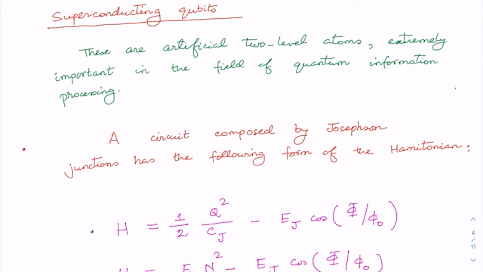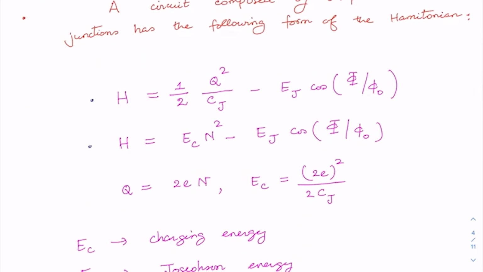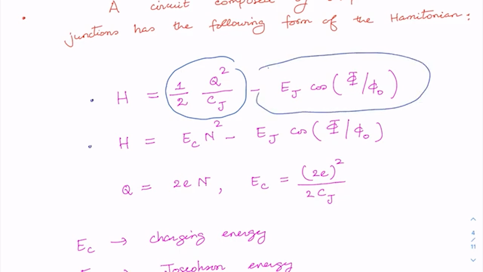Now a circuit composed of Josephson junctions has this form of the Hamiltonian, where this one is the charging energy and this is the tunneling part of the energy, and we can express this in terms of the number of Cooper pairs also, because you know that Q is equal to twice the elementary charge times the number of Cooper pairs. Two energy coefficients appear here. One is the Josephson energy and the other one is the charging energy.